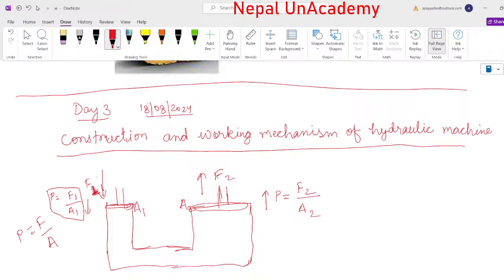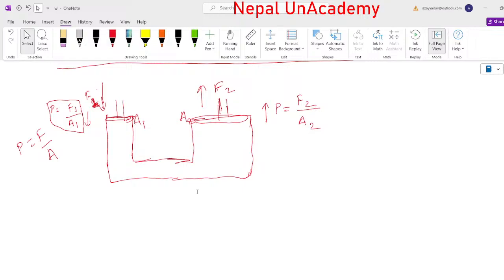So let me relate it with this hydraulic machine. When the force is applied through the small piston of the machine, the pressure generated on the surface is, let's say, P1, and this pressure is P2.